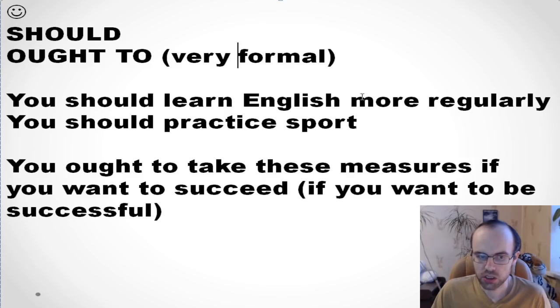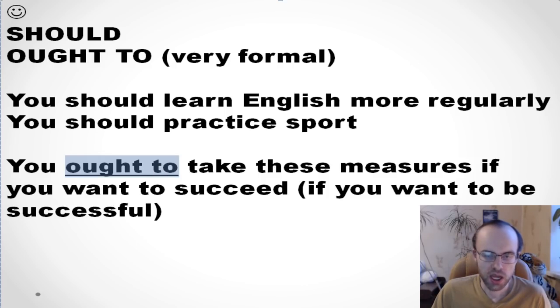It means it's a good idea for you to learn English more regularly. You should practice sport. It means it's a good idea for you to practice sport. Or you can use ought with to. You ought to take these measures if you want to succeed. You see, ought to is more formal.